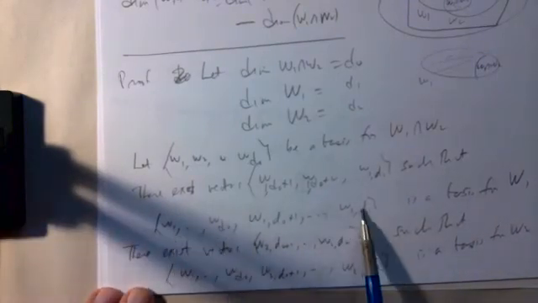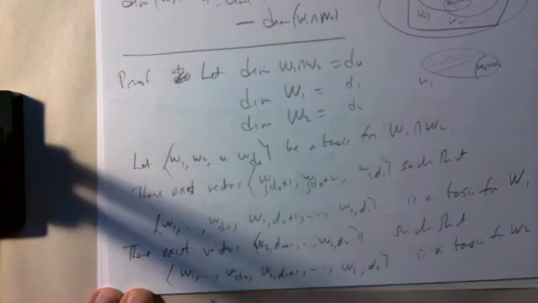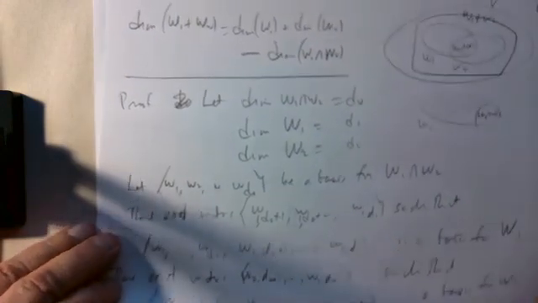So here I have d1 vectors. Here I have d2 vectors, but these sets have d0 vectors in common.